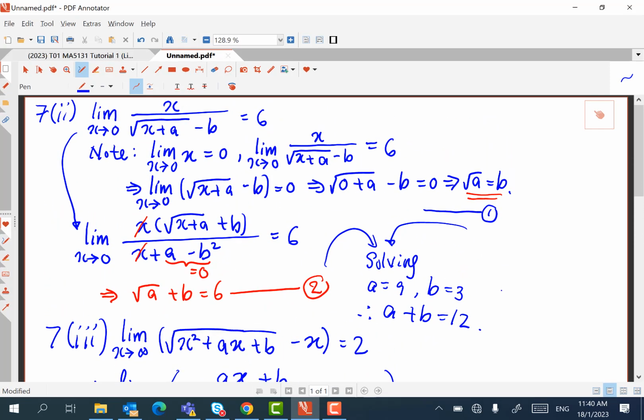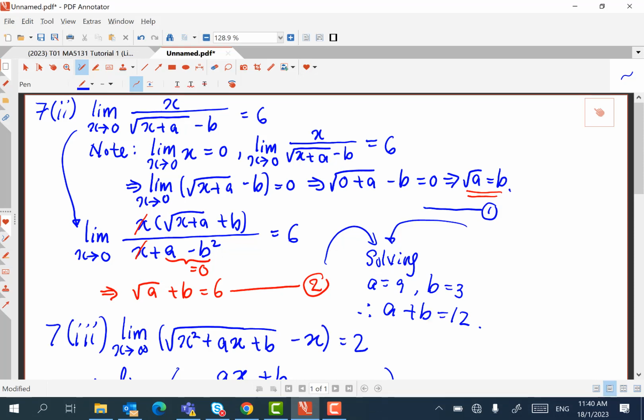Okay, let's go back to 7 part 2, okay? There's a question raised. You see, this numerator limit will be 0, right? If this numerator is 0, and if the limit of the denominator is not 0, then this whole thing has to be 0, no?